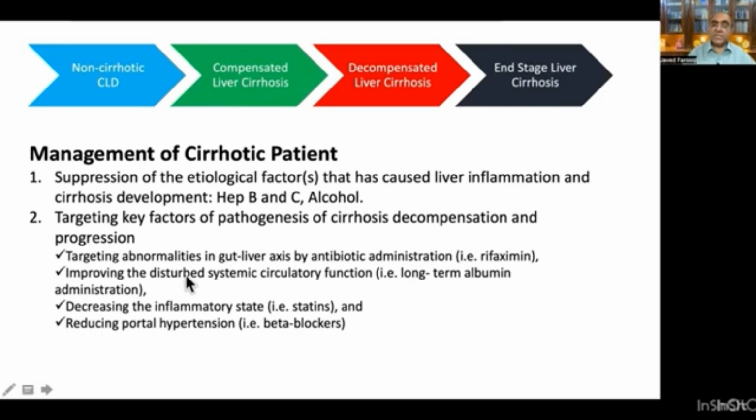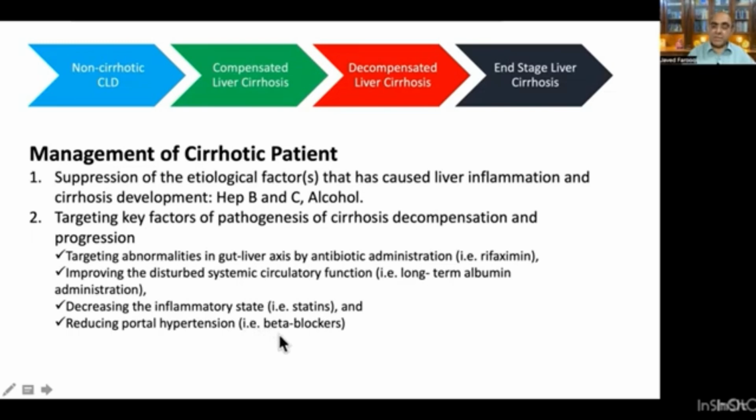Then improving the disturbed systemic circulatory functions, and long-term albumin administration is one of the concepts that these patients may benefit from. Then decreasing the inflammatory state, statins have been used in such cases, and reducing portal hypertension by using beta blockers.